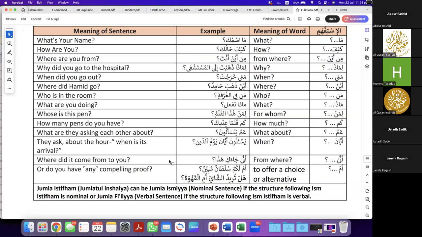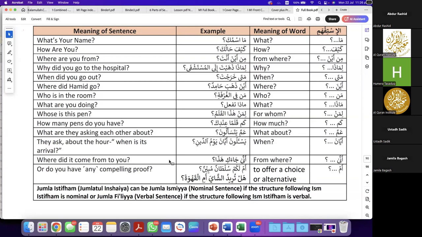Next is min aina anta. Where are you from? Again, this phrase has to be in this order to make sense in Arabic. Notice that the order in Arabic is different from English. And one of my teachers said, do not think about Arabic in English because you get confused. And this is a perfect example here. So min means from, aina means where, anta means you.